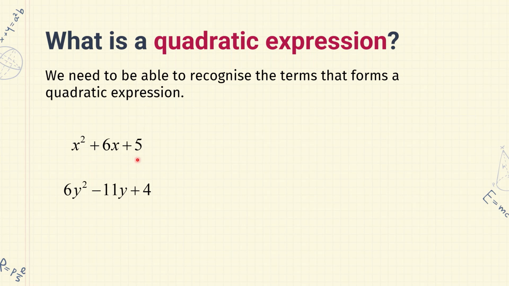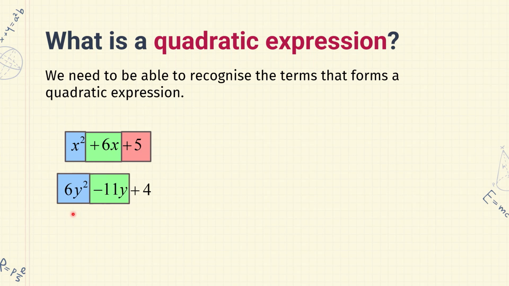In the first expression we have the terms x squared, 6x, as well as plus 5. In the other quadratic expression, we have 6y squared, minus 11y, and plus 4. So there are three terms in these examples. It may not be three terms all the time. There can be two terms, or there can also be one term.